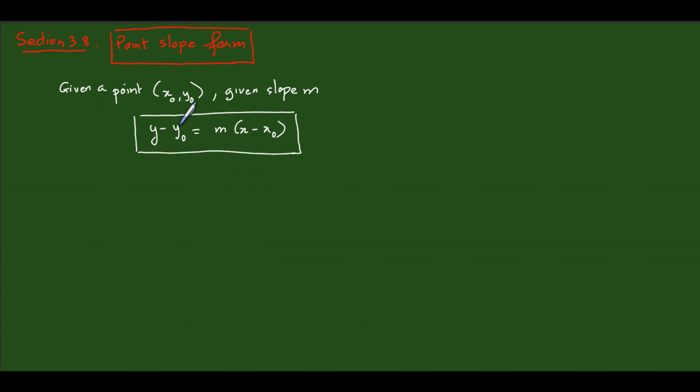And because it's a point now, most of the time they give you this information, y0 and x0. And again, y and x are two different quantities. So if you want to write a linear equation, you must determine the quantity. Especially in a word application problem, you need to know which one is y and what quantity is x.